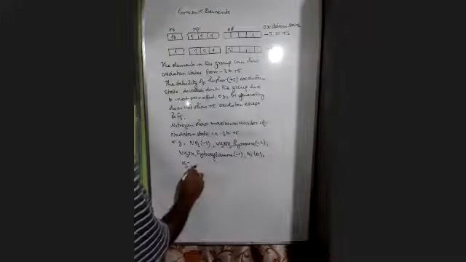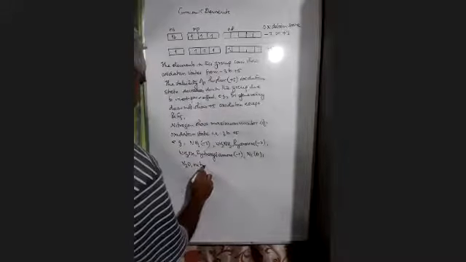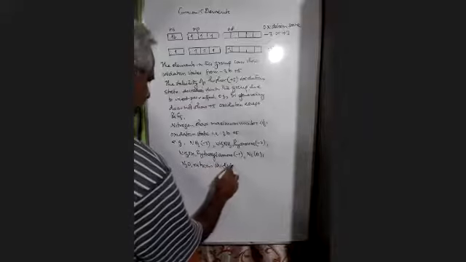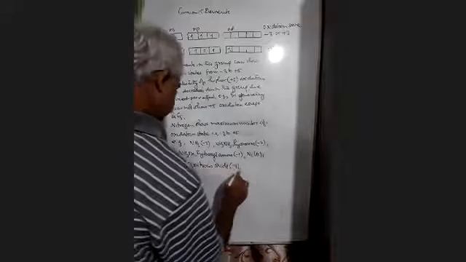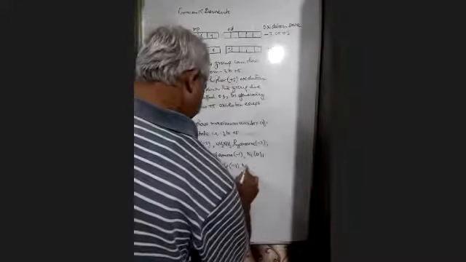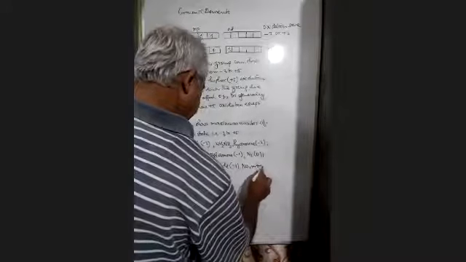Then N2O. This is called nitrous oxide. It is plus 1. Then NO. This is called nitric oxide.